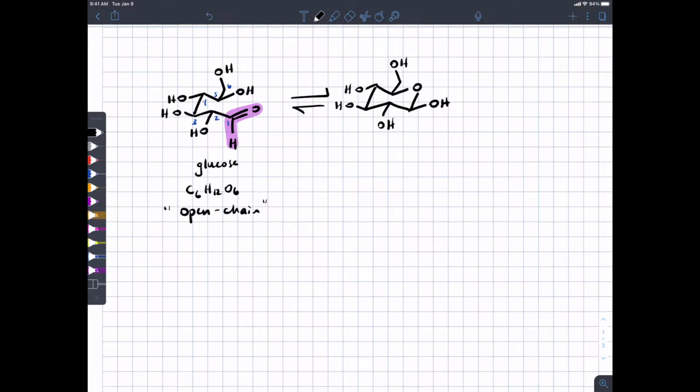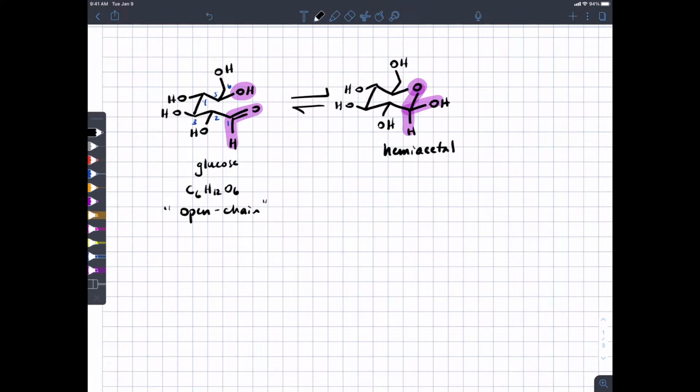And this is a hemiacetal. So we brought this oxygen on carbon 6 and bonded it with carbonyl carbon 1 to give us this hemiacetal functional group.